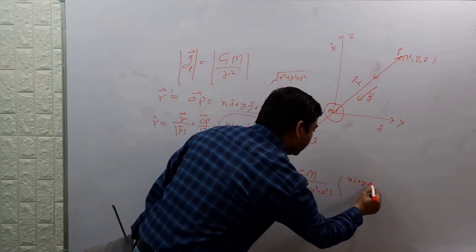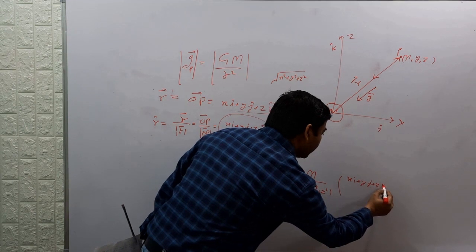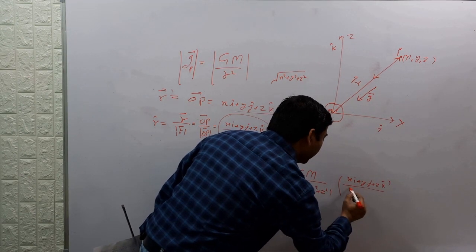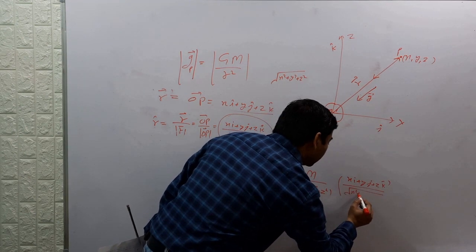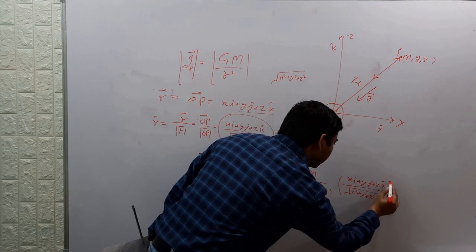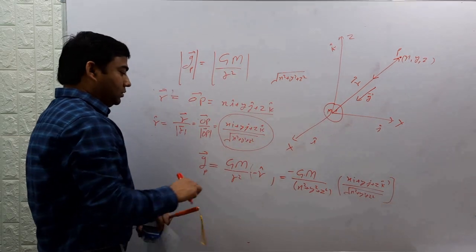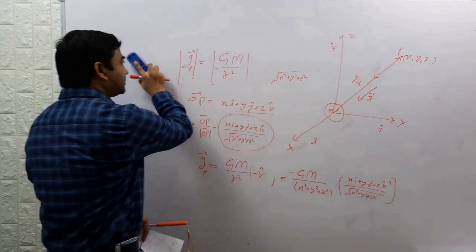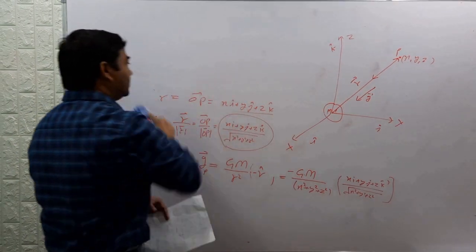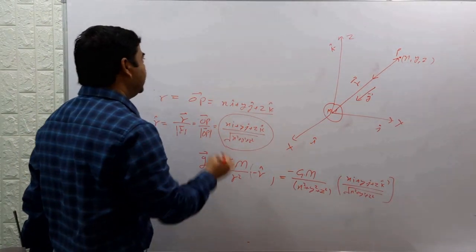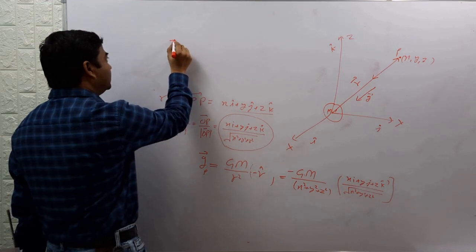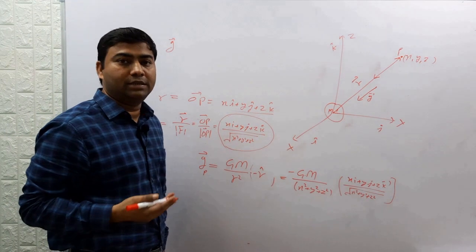xi plus yj plus zk divided by under root x square plus y square plus z square. So we can write the gravitational field in the form of a vector function.